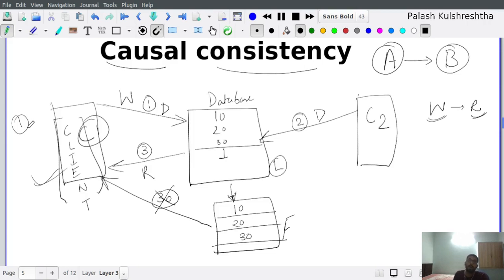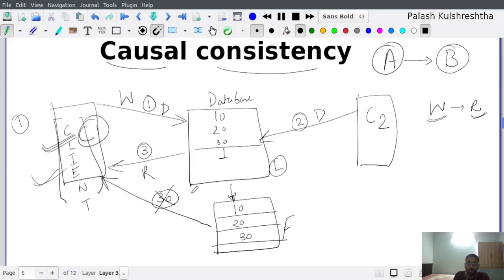So how can we solve this problem so that whenever client C1 writes some data to the database and then causally reads it, it will always get the latest value at that point that it has written, or a value that was written at a later point, but not from before?